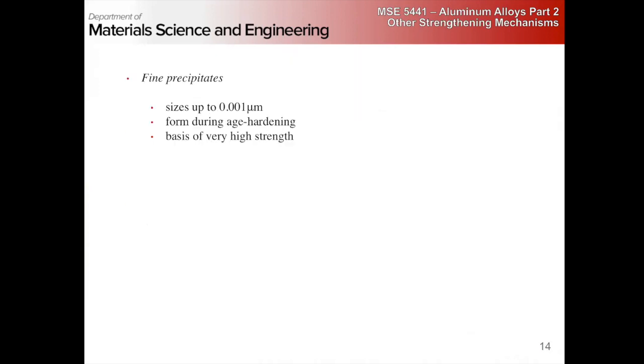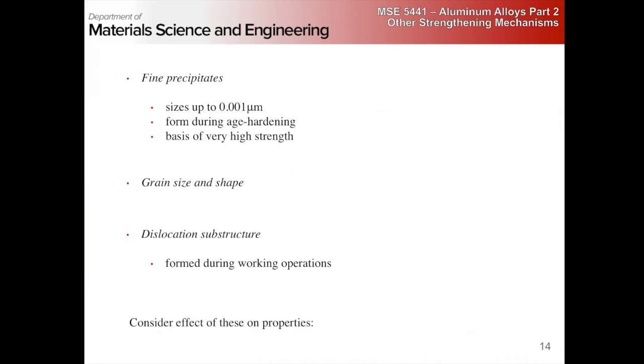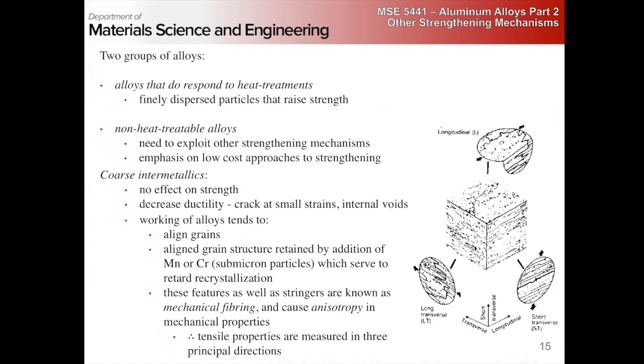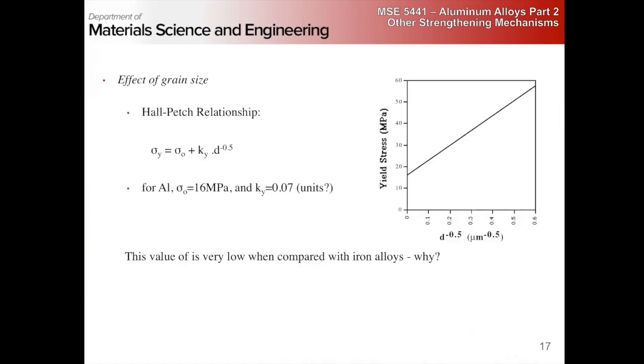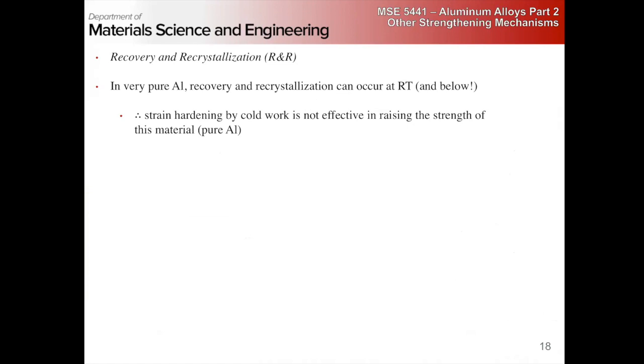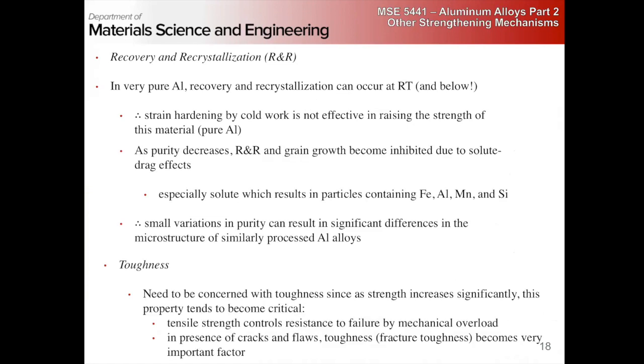Fine precipitates, on the other hand, form the basis of our very high strength, but as I mentioned a couple times already, they are potentially damaging for fatigue life. And so the rest of this slide is basically just saying that with a couple of different examples.